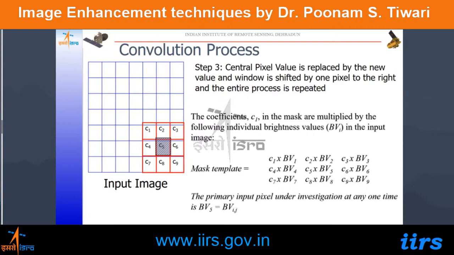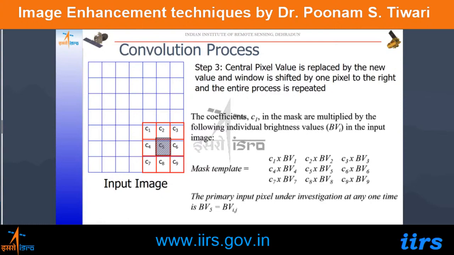Here I have shown a subset of an image. The brightness values I have also marked here. Suppose I take this particular pixel and this particular window mask. This window mask has the values 0, 1, 0, 1, 1, 1, 0, 1, 0.